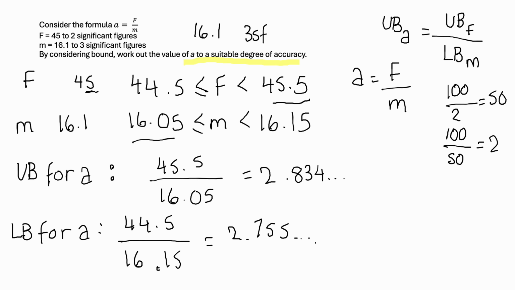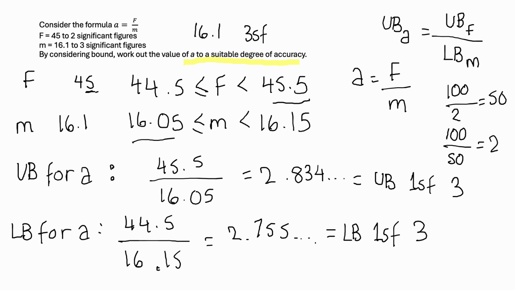So let's look at the upper bound for A. If we round the upper bound for A to 1 significant figure, we get an answer of 3. Let's look at the lower bound. Lower bound for A to 1 significant figure, we also get an answer of 3.